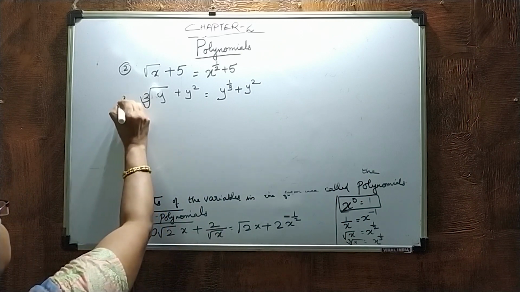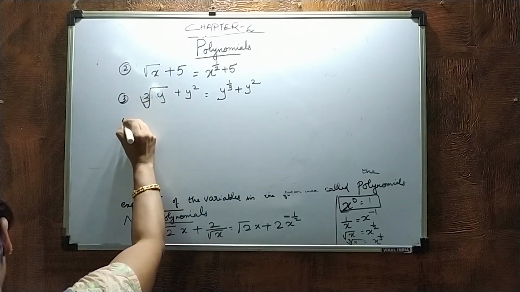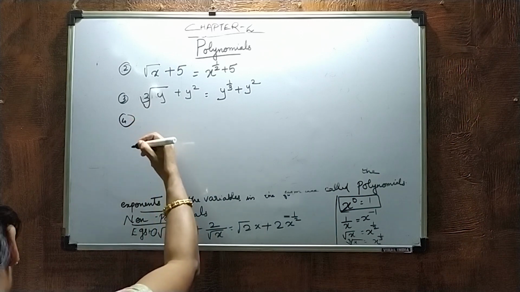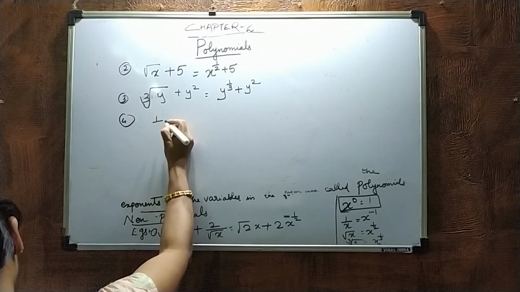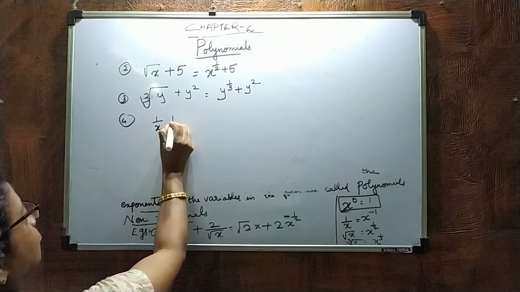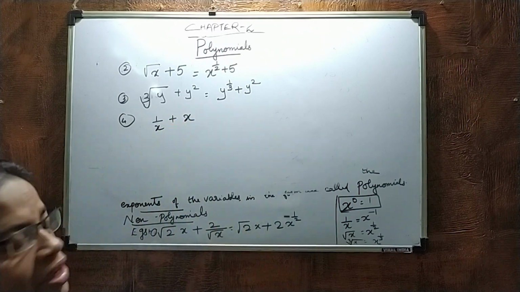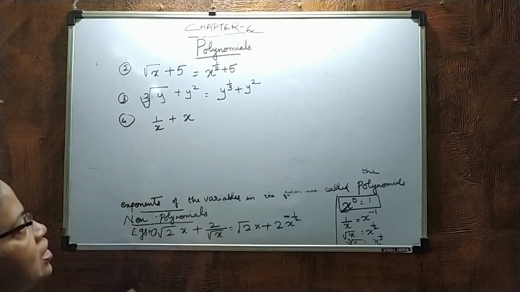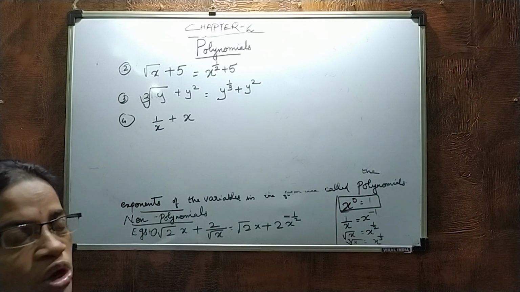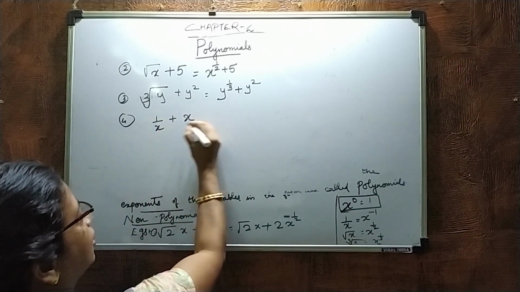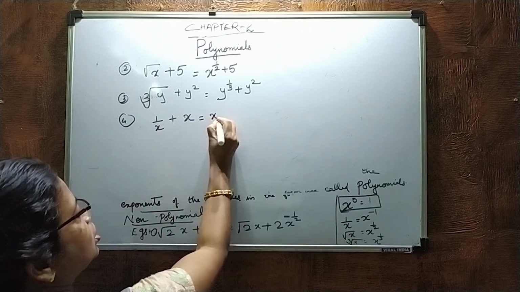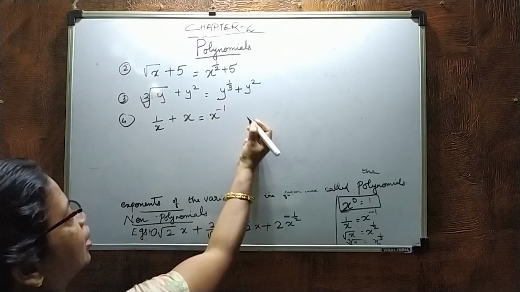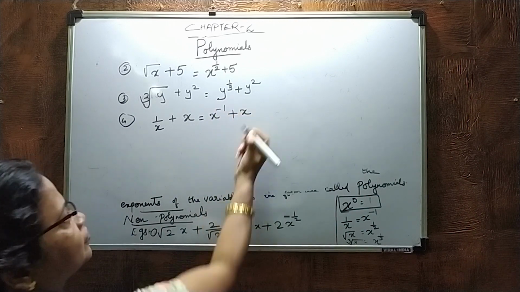Then again, examples are there. This is the third example. Then the fourth example, if you write it like this, it will be 1 by x plus x. Will it be a polynomial? No, because 1 by x is x raised to negative 1, plus x.